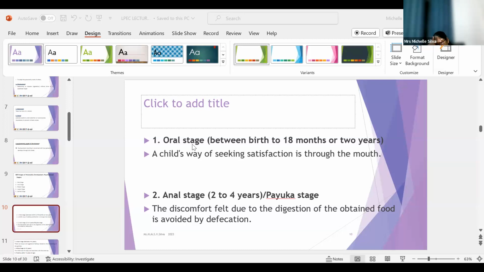Second one is, we can teach cleanliness, by clearly showing the proper way of releasing poop and piss, and cleaning that anal area with soap.